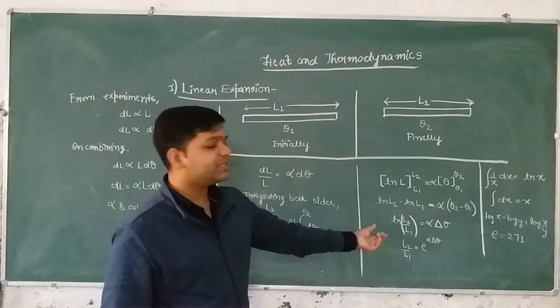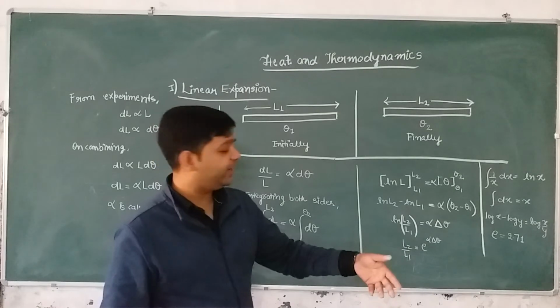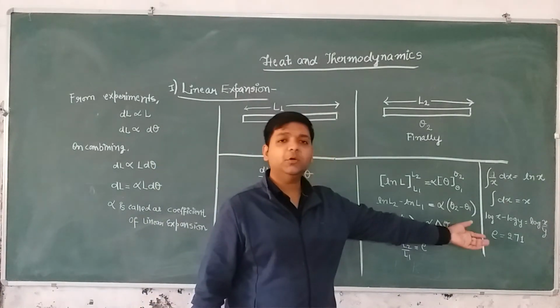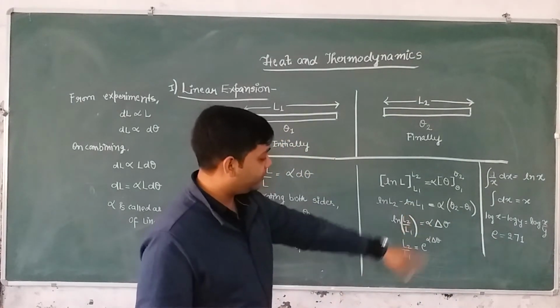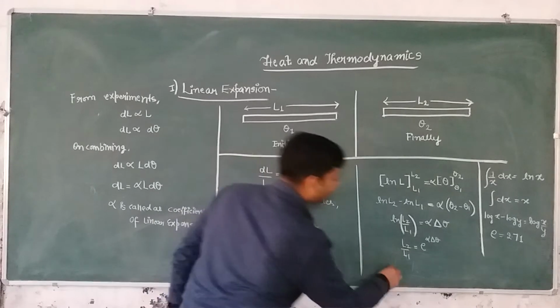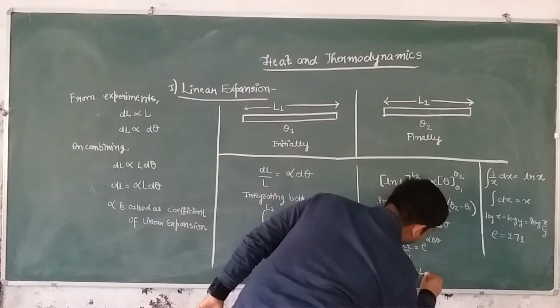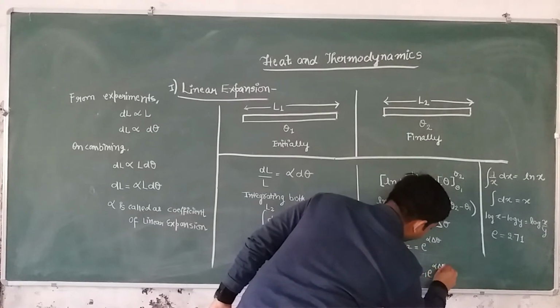It is just a number like pi. The value of pi is 3.1415. So this antilog e is a number which is 2.71 something, right? So from here you can write L2 is equal to L1 e to the power alpha delta theta.